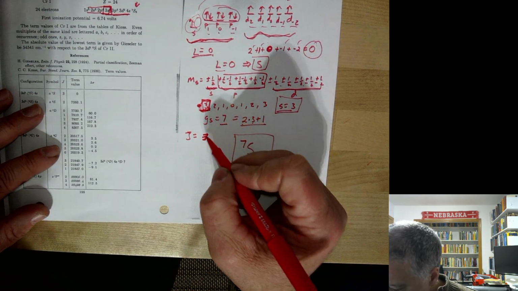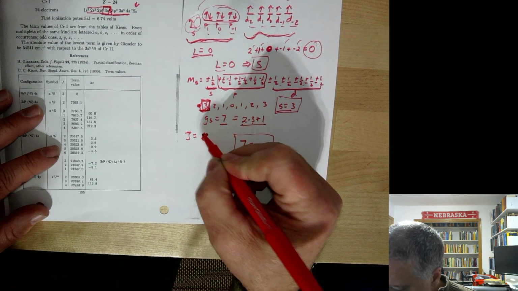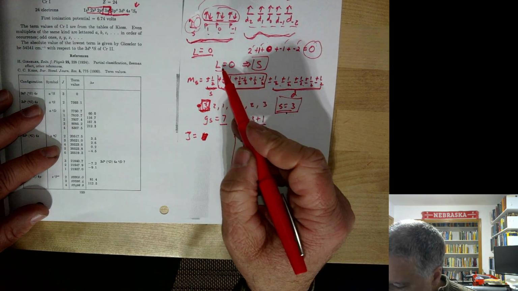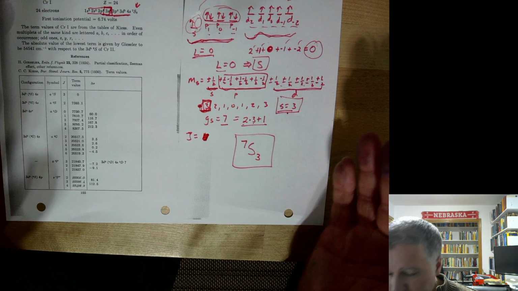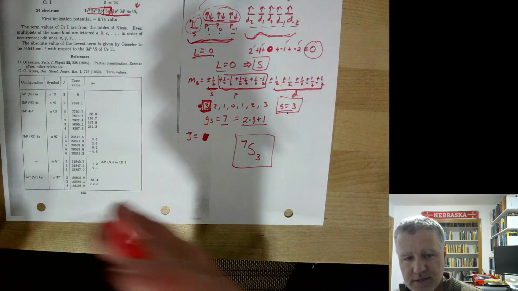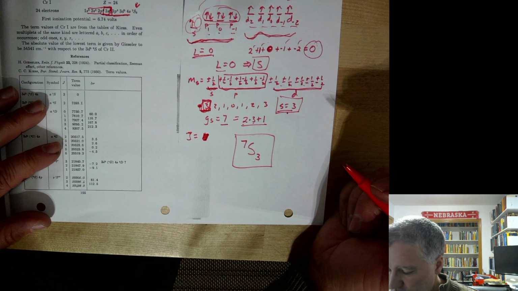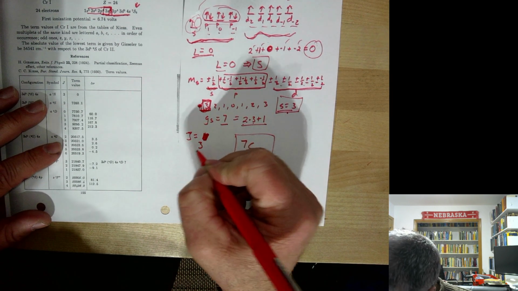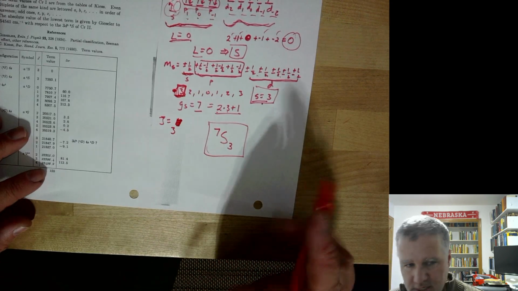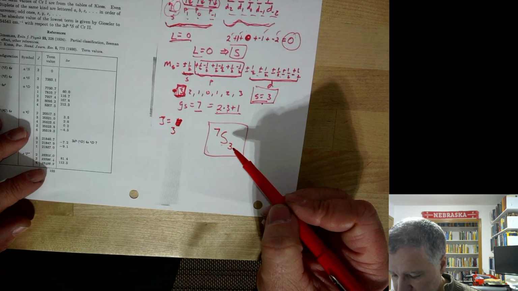And now J. Let's see how. L is 0, so it's 0 plus 3, and then the lowest state it can be is 3, because 3 minus 0 is 3. So there's only one J value, and that's equal to 3. And so our term symbol is 7S3.